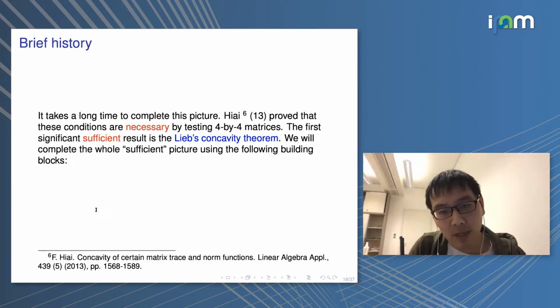On the necessary part, it was Rényi who proved that these conditions are actually necessary. This was done by testing some very special 4x4 matrices. And the first significant sufficient result might be Lieb's concavity theorem that we mentioned. In the following, we will complete the whole sufficient picture using the following very fundamental building blocks.